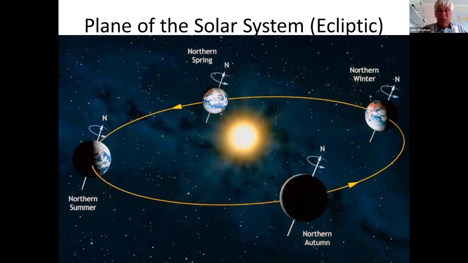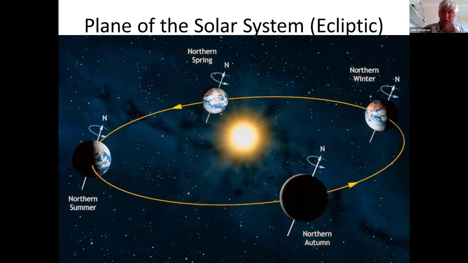So first of all, let's look at the plane of the solar system. Remember, the Earth is tilted with respect to this plane. Most of the planets are more or less in this plane, apart from Pluto, a little bit out. And the space elevator, of course, rotates around the Earth in the equatorial plane, which is at a different angle, therefore.